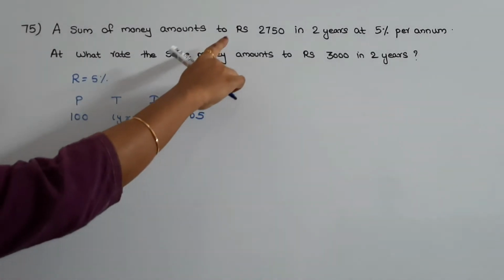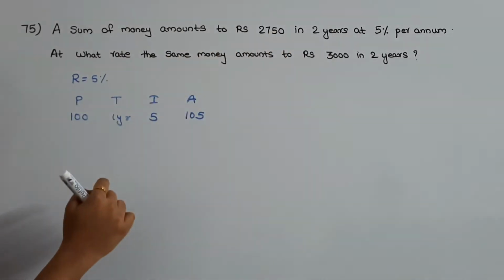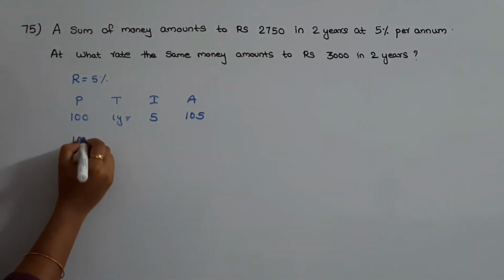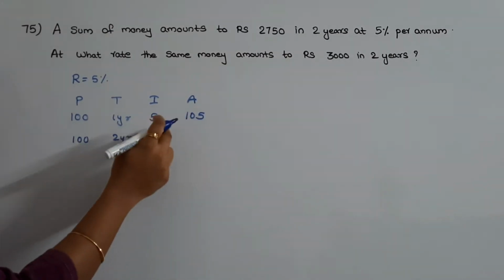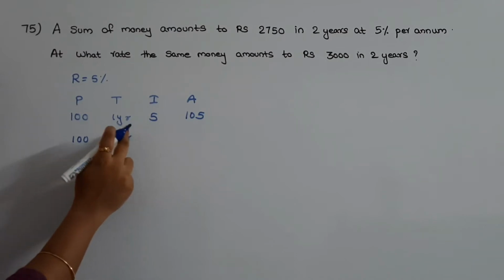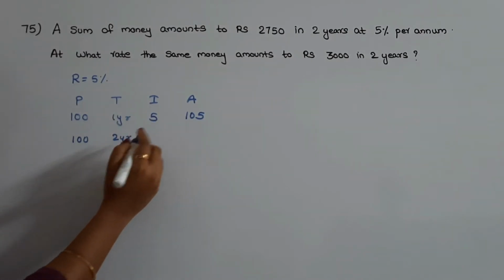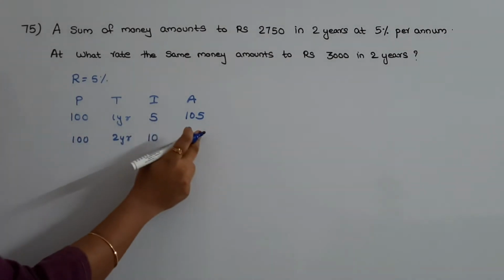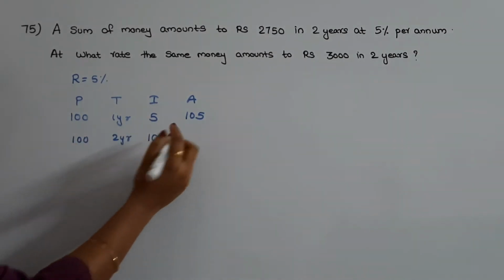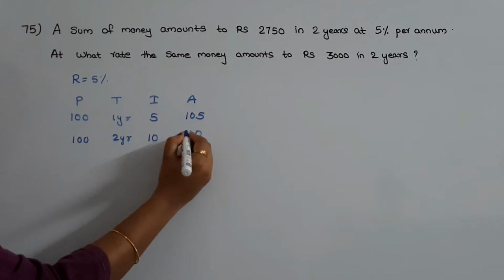But in the question, the amount is given for 2 years. Hence, when the principal is 100, time period is 2 years, what will be the amount? So, first what will be the interest? Interest will be equal to 5 into 2, that is 10. Then, what will be the amount? 100 plus 10, that will be equal to 110.